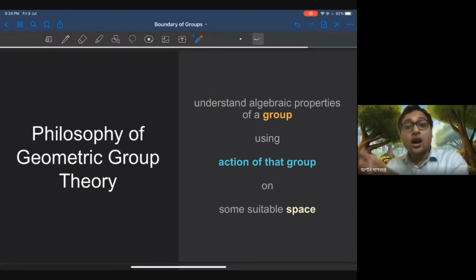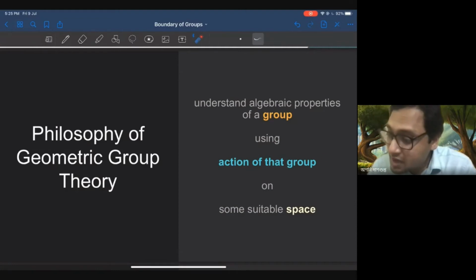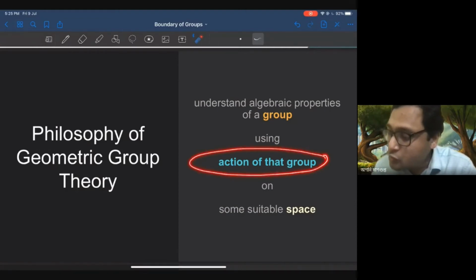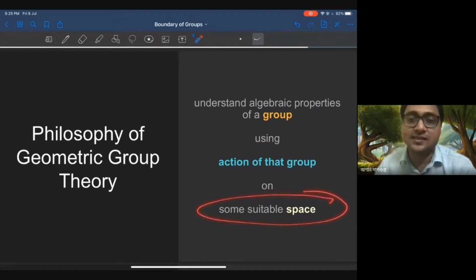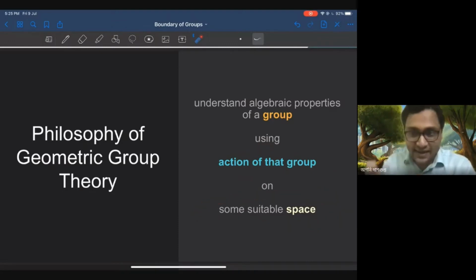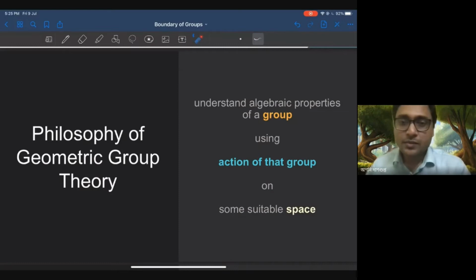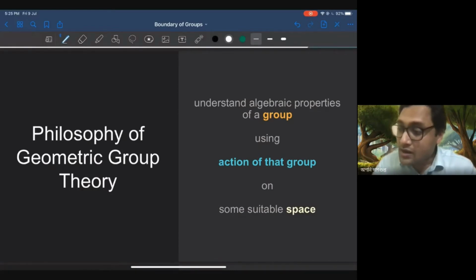So we want to understand the algebraic properties of a group, but we have a very simple and powerful method of doing that. We want to see the action of the group on some suitable space. We will understand all of these things, don't worry. But for the moment, we will understand it using analogy. We want to understand algebraic properties of the group.